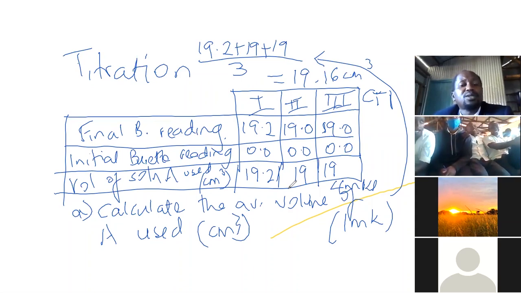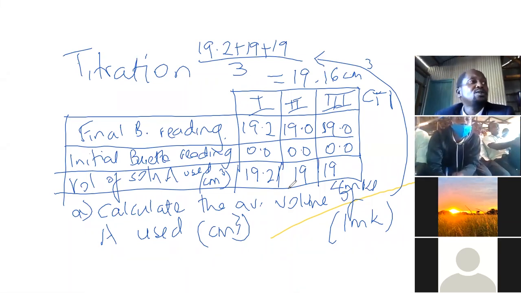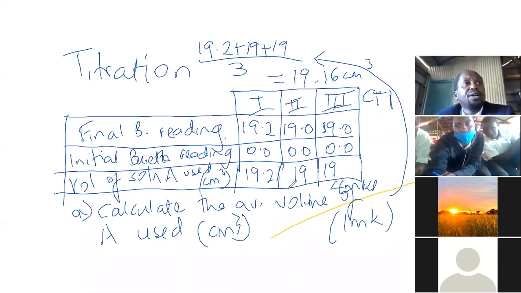So the council does not accept any reading above 50. You cannot record 67 or 70 or 51. Any reading above 50 is unrealistic, or any reading less than 1, or any reading that is negative is unrealistic.